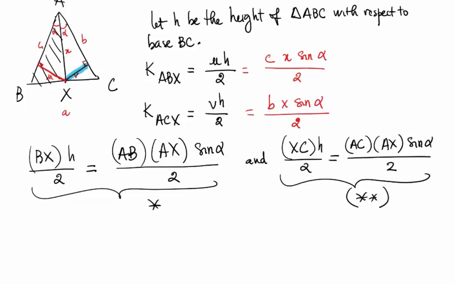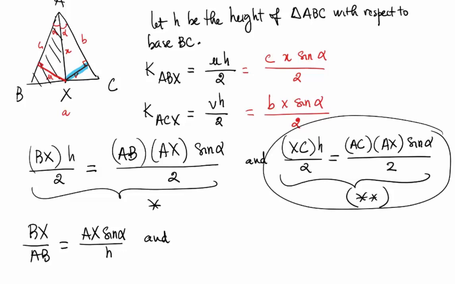And the point is, now we know that BX over AB is going to be equal to AX sine of alpha over h, and using this here we get CX over AC is equal to AX sine of alpha over h.